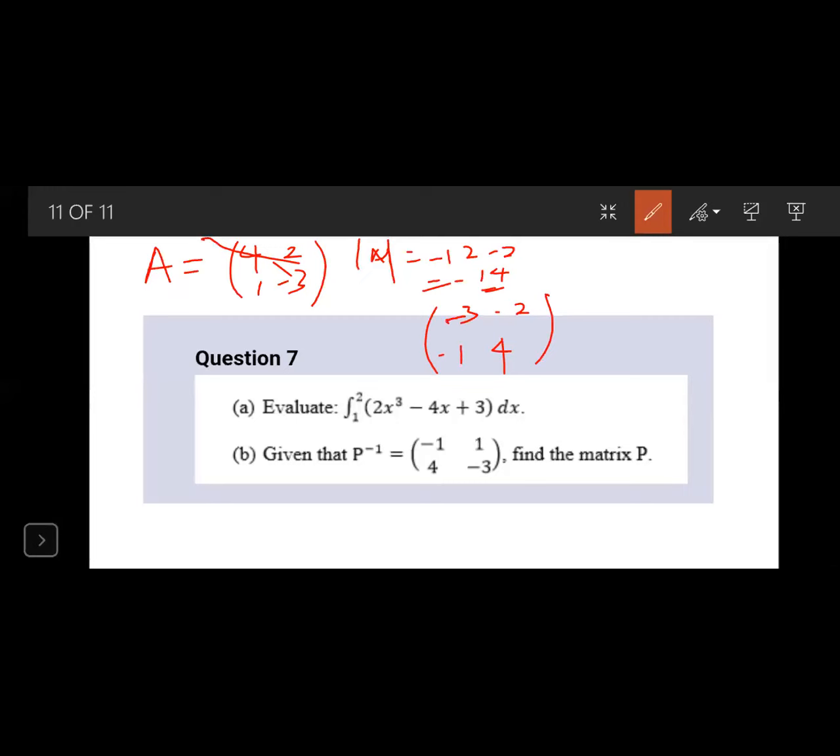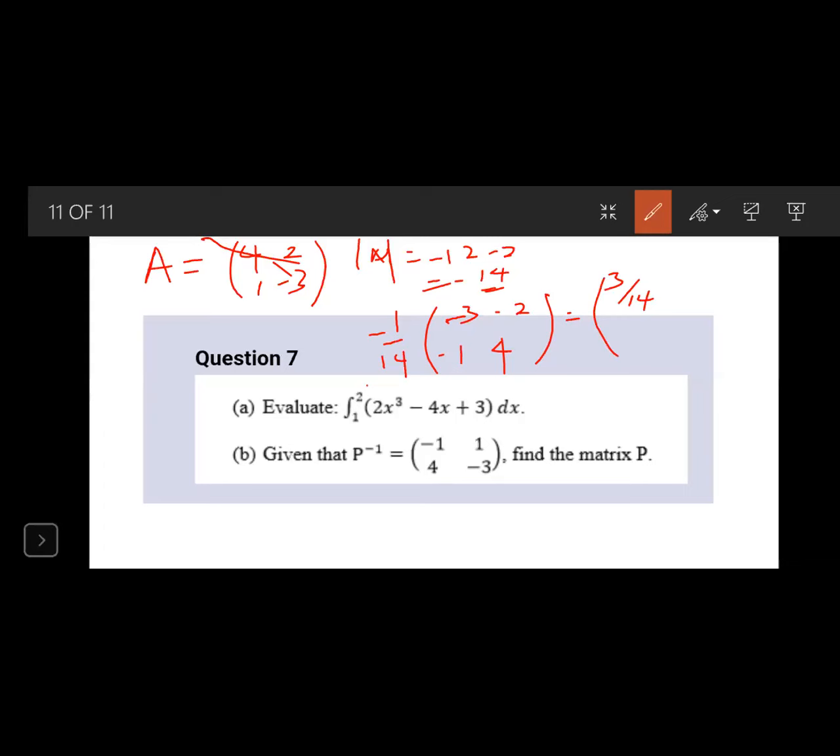You can now divide by the determinant, so multiply by minus 1 over 14. That's the inverse directly. So the inverse will be minus 1 over 14 multiplied by the matrix. You cancel the minus, and you have 3 over 14.